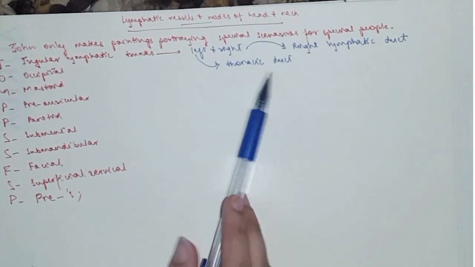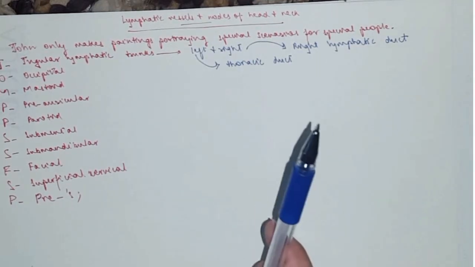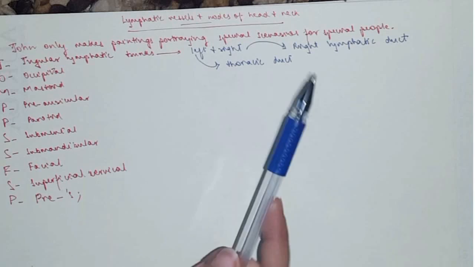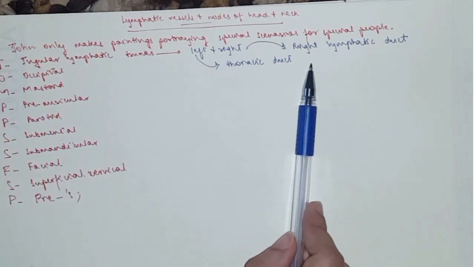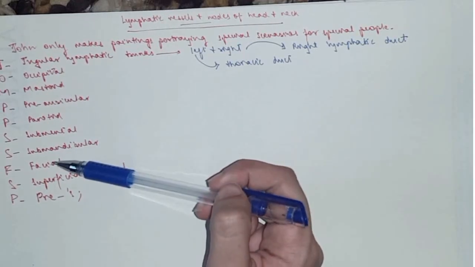Okay, so the left one in the thoracic duct, the right one in the right lymphatic duct, and they then form the deep cervical lymph nodes, which go to becoming the deep vessels. Okay, now these names that I've mentioned.